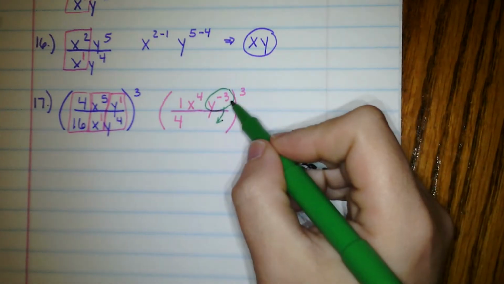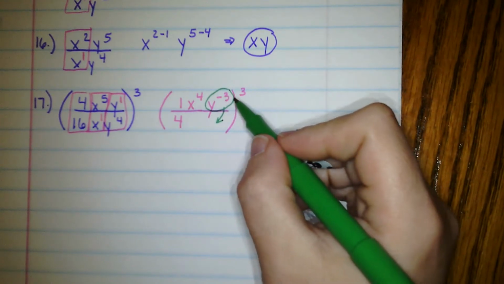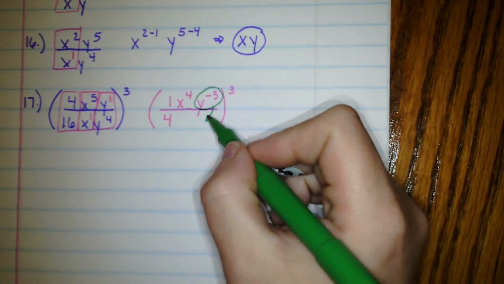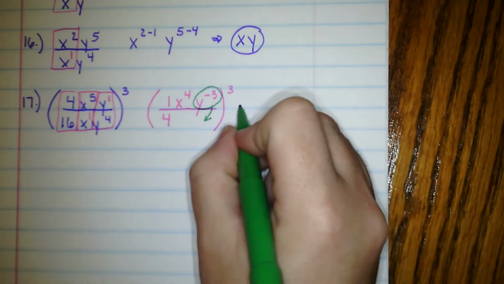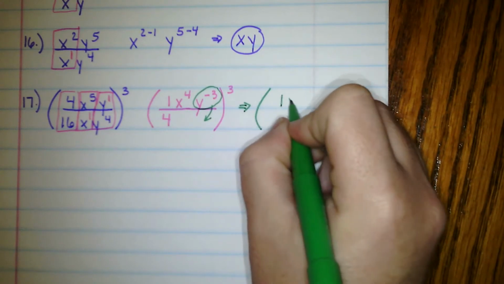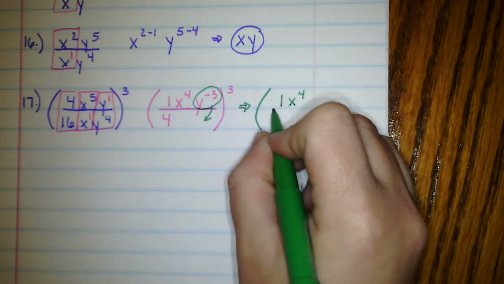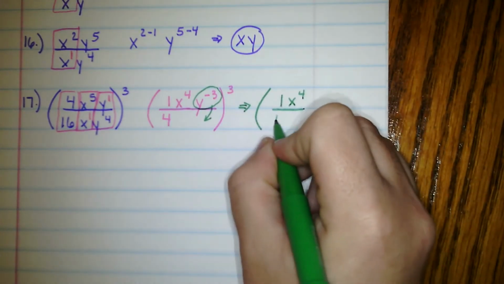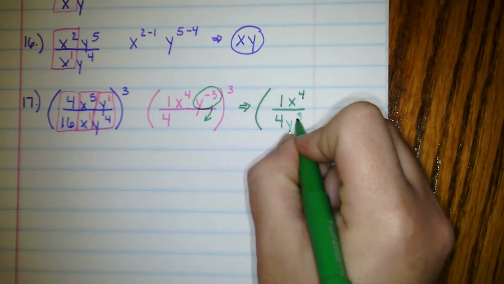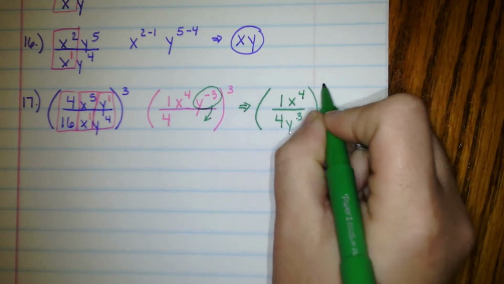Remember that when you have a negative exponent upstairs, it's a positive exponent downstairs with the same exponent. So this is literally going to just change to 1x to the 4th over 4. The y to the 3rd comes down and becomes a positive exponent, and we're ready to raise that all to the 3rd power.